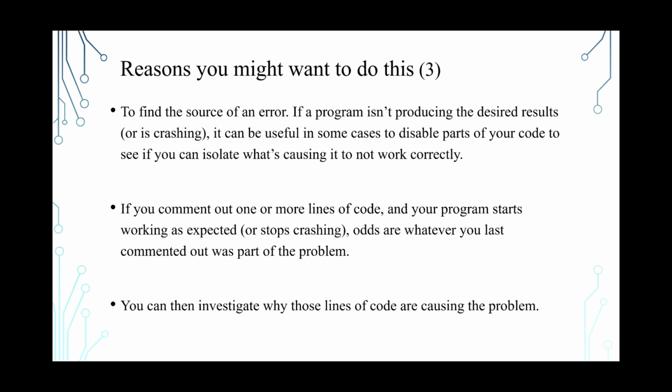Three, to find the source of an error. Usually if we have a big program, if it's not producing the desired results or if it's crashing, it can be useful in some cases to disable parts of your code by commenting them and check, is this the part that is causing the problem? Comment the other. Is this the part?